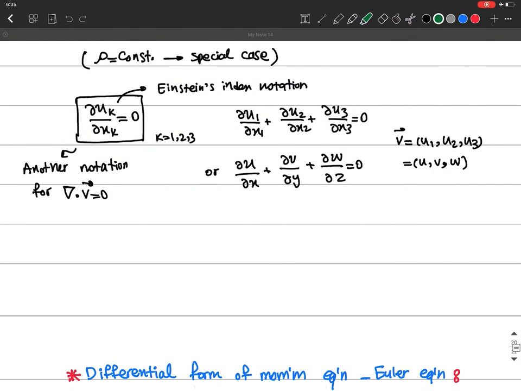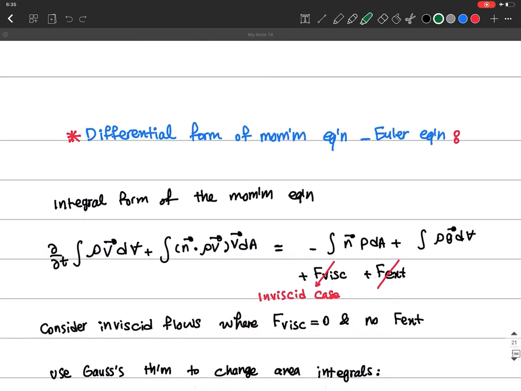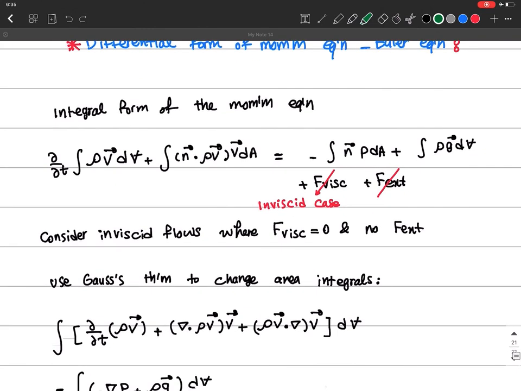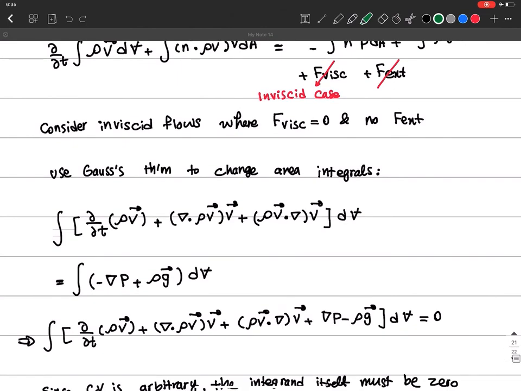Then we briefly talked about Einstein's index notation, which I think is a useful thing for you to learn, especially for differential equations. And then we derived the differential form of the momentum equation, or Euler's equation. So we started with the integral form of the momentum equation. We considered inviscid flows and also no external forces.